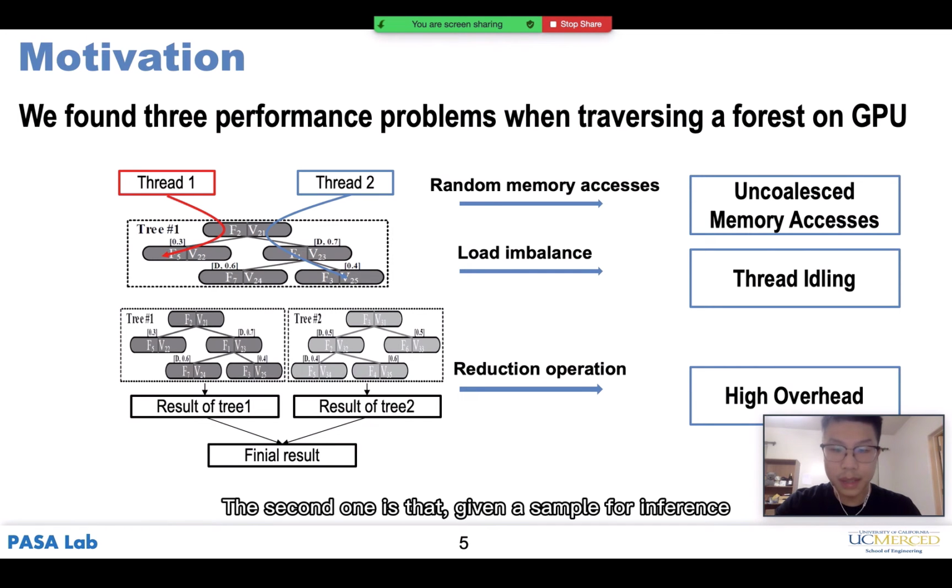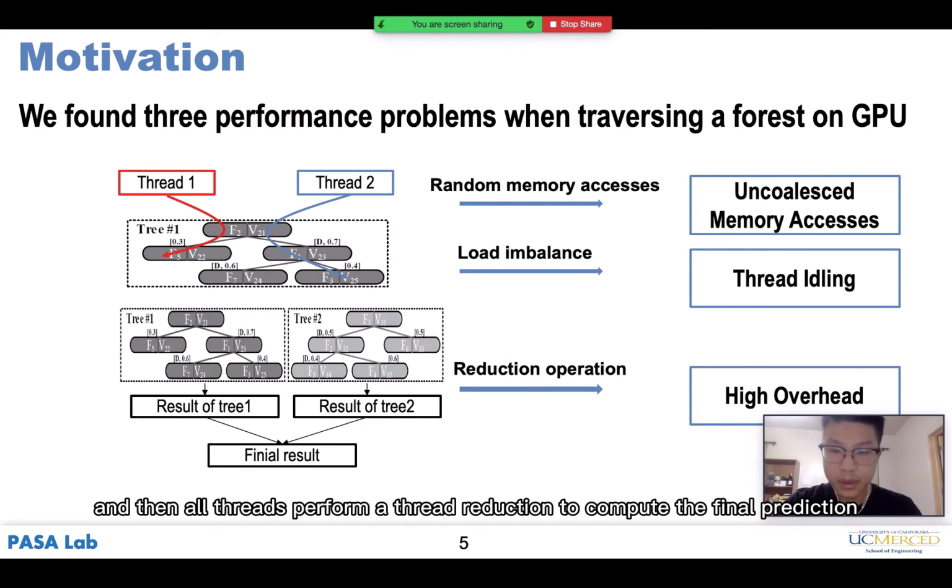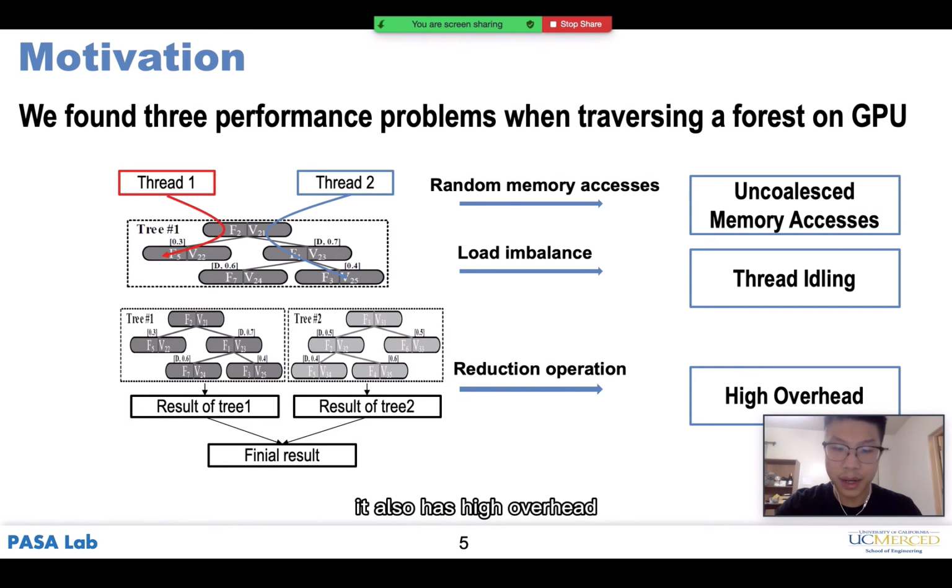The second one is that, given a sample for inference, each thread uses its assigned trees to make a prediction, and then all threads perform a reduction to compute the final prediction. It also has high overhead.